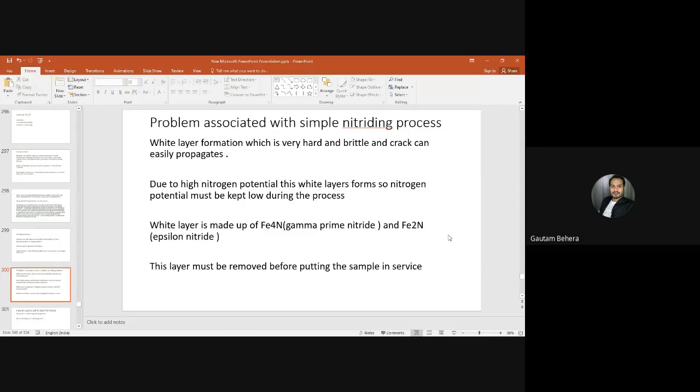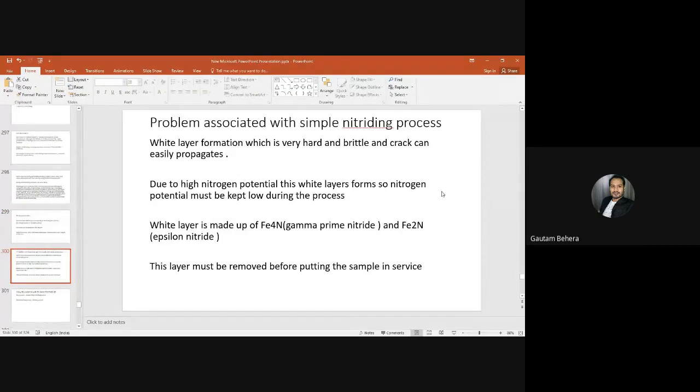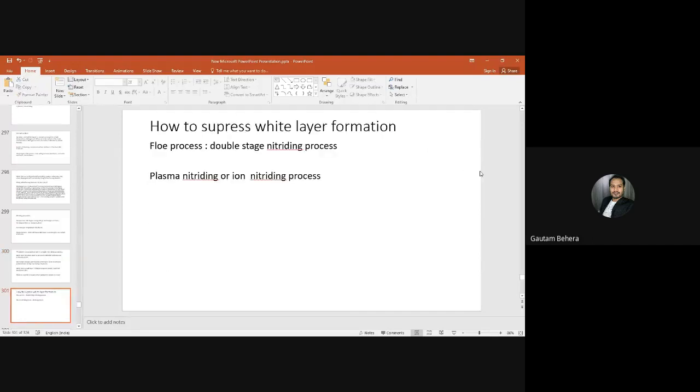So the solution is, we have two solutions. We'll discuss that. How to suppress white layer formation. So we have two processes. One is the Floe process, which is a double stage nitriding process. That means in this process, we have to do nitriding in two stages.